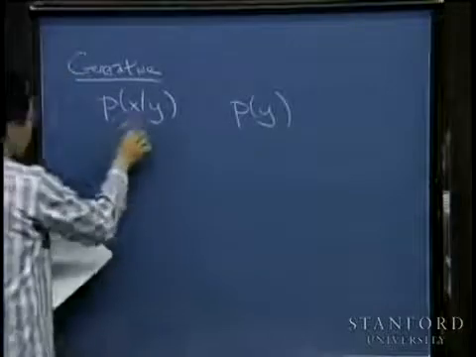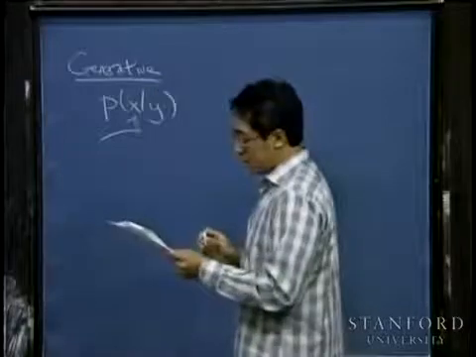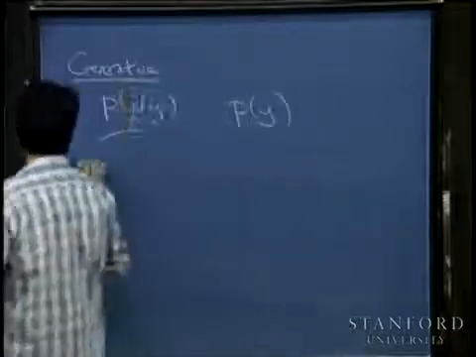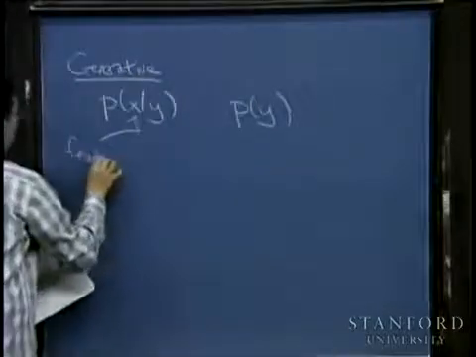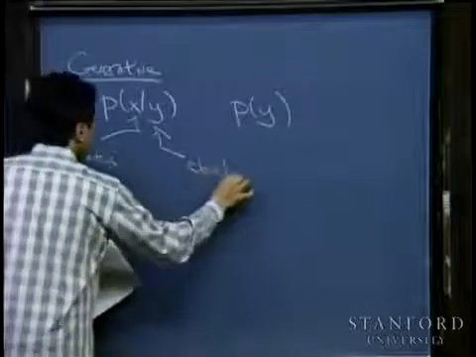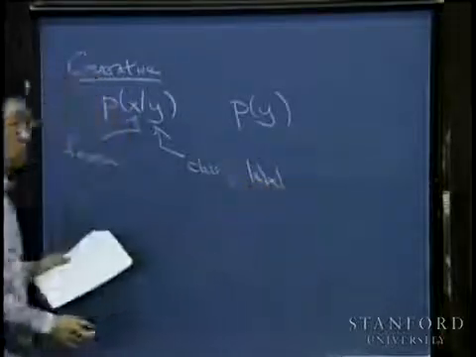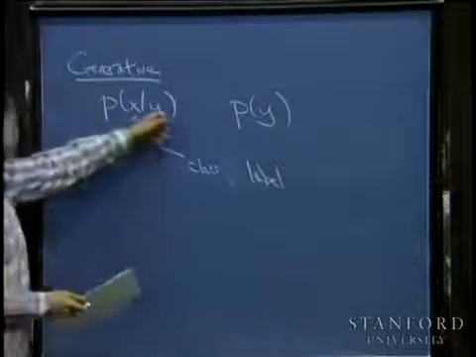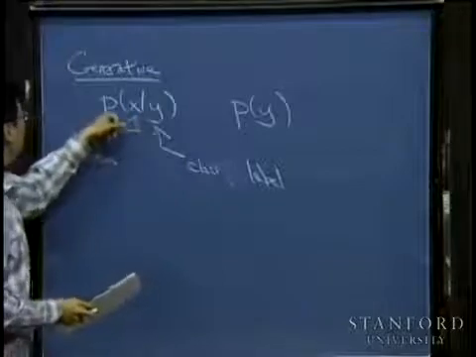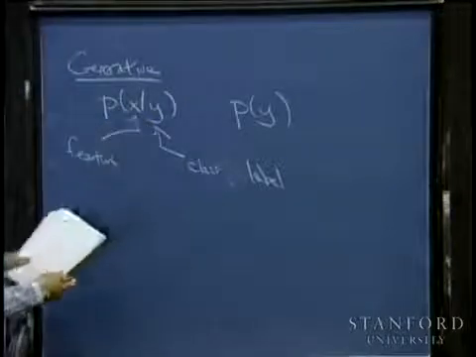And the interpretation of this is that a generative model builds a probabilistic model for what the features look like, conditioned on the class label. In other words, conditioned on whether a cancer is malignant or benign, it models a probability distribution over what the features of the cancer look like.